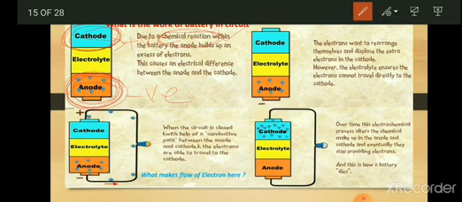Due to the electrochemical reaction, this anode will be the electron rich center and the cathode will be the electron deficient center. Here, student, the anode wants to give the electrons and the cathode wants to receive the electrons, but there is no direct way to give the electrons to the cathode because there is an electrolyte.